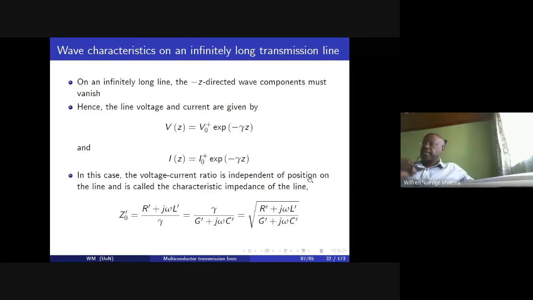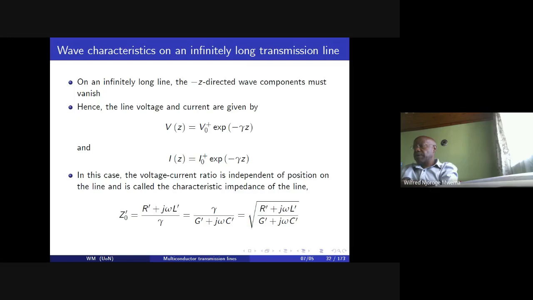So in that case, the voltage and current ratio is going to be independent of the position on the line, that is, it will no longer be a function of z, and we'll call this impedance the characteristic impedance of that line. So Z naught prime is going to be given by R prime plus j omega L prime divided by the propagation constant gamma, and it should also be given by the ratio of gamma divided by the shunt admittance of G prime plus j omega C prime.